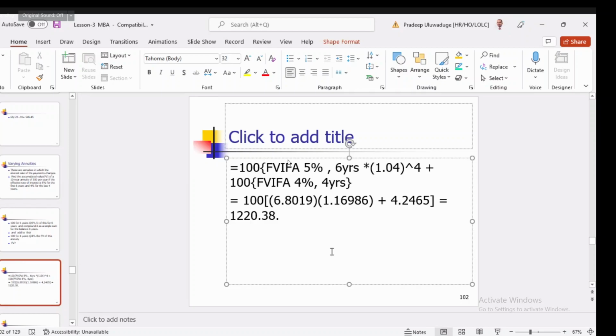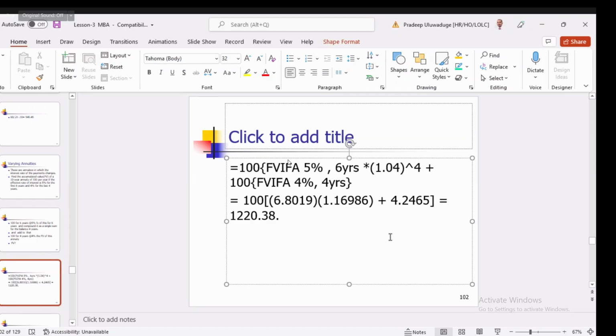Right? Did you all get it? If not, please ask, right? And then the balance part, future value interest factor annuity for 4 years at 4%, you get the future value at the end of the 10th year.